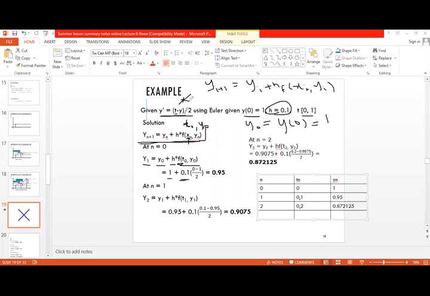And then your function is the derivative function given. We said that the function f at t n, y n is equal to the first derivative function, that's y prime. So f at t naught, y naught is this function t minus y over 2.